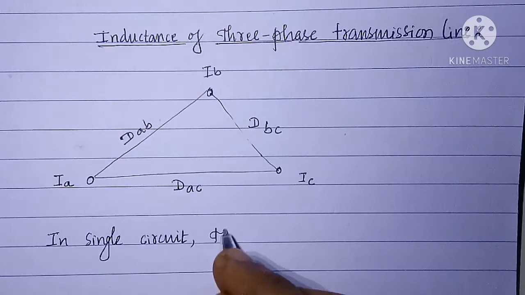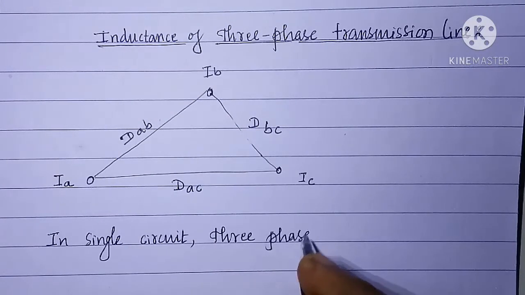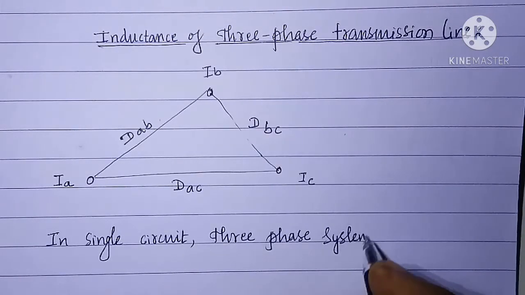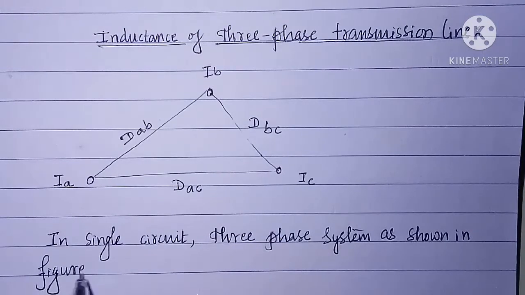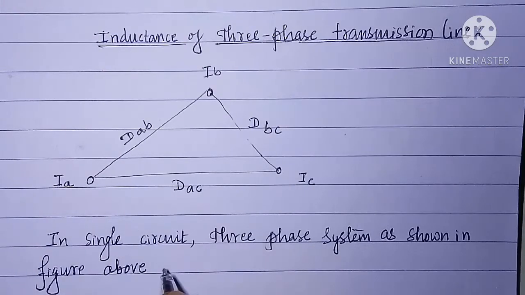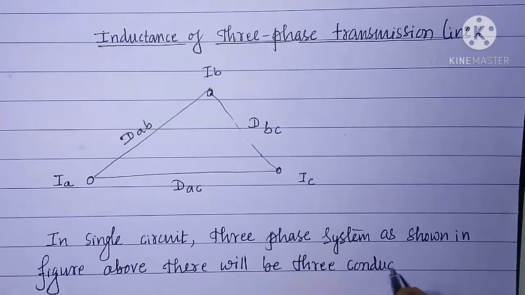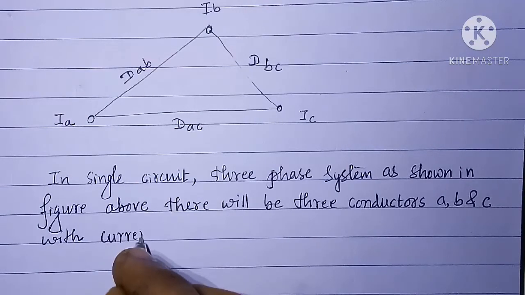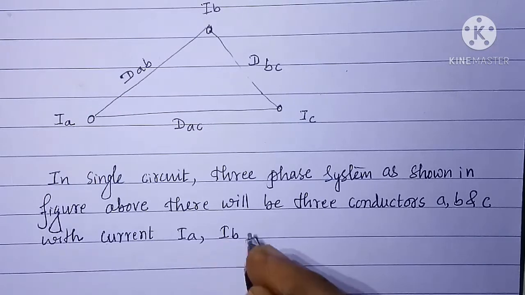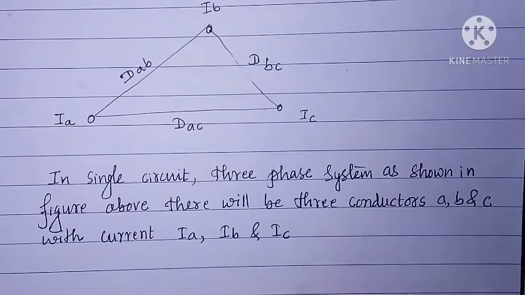In single circuit three-phase system, as shown in figure above, there will be three conductors A, B and C with current IA, IB and IC respectively.